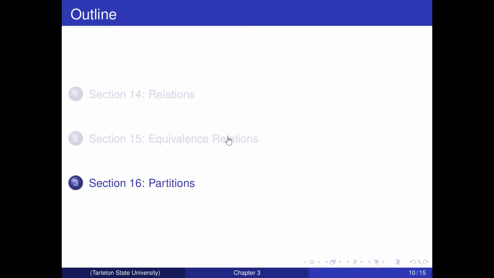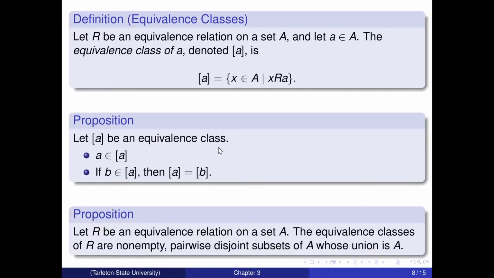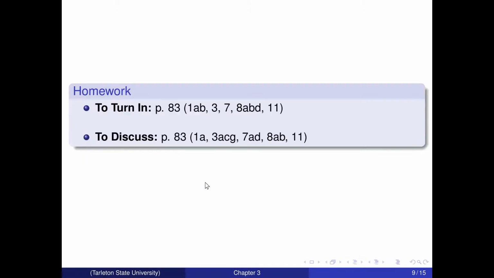We might be able to see that this appeared recently. Yeah, it appeared down here, right? It says if R is an equivalence relation, the equivalence classes are non-empty pairwise disjoint subsets of A whose union is equal to A. So in other words, an equivalence relation always produces a partition for us.